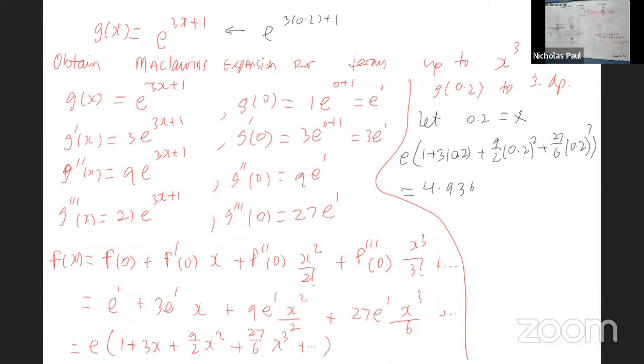All right, 4.936. Okay, good. You could also come on top here and check your answer just to see if it's close to that. All right, nice. Good job, Shabani. So that's a Maclaurin's, that's a Taylor, and that's a binomial expansion, right?